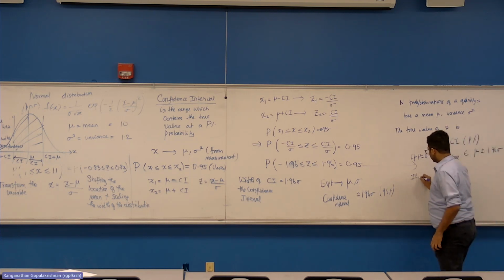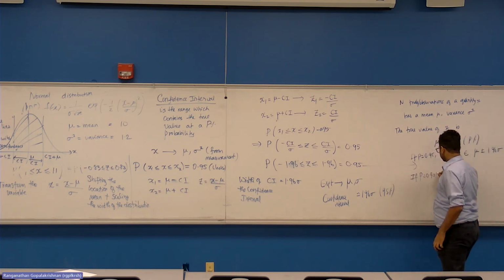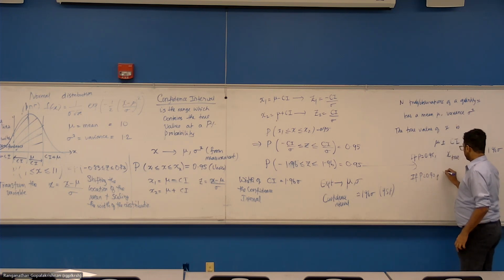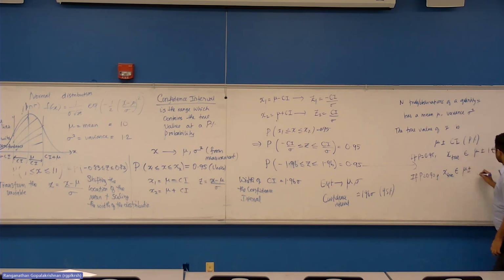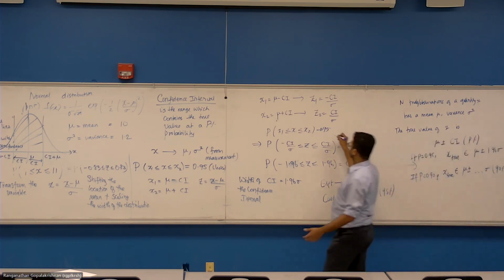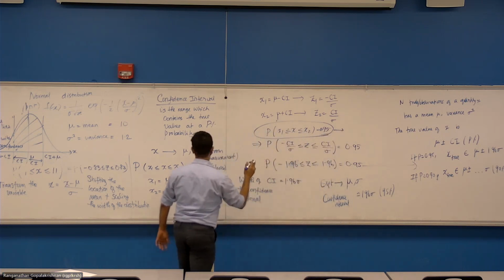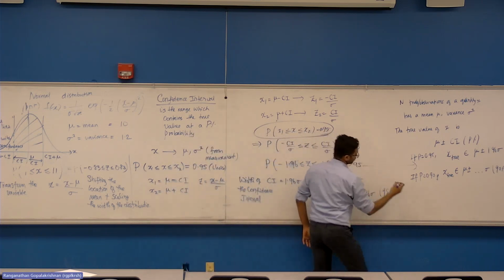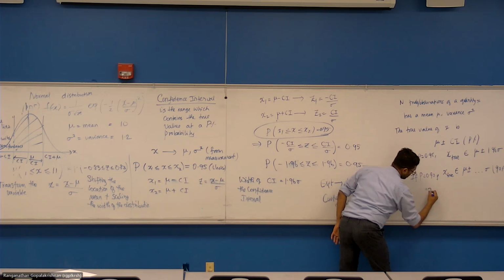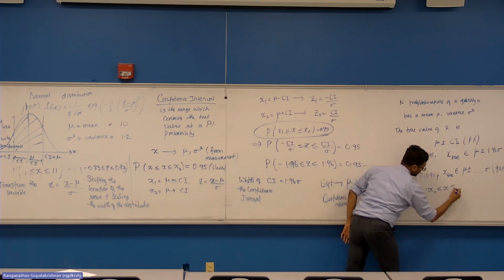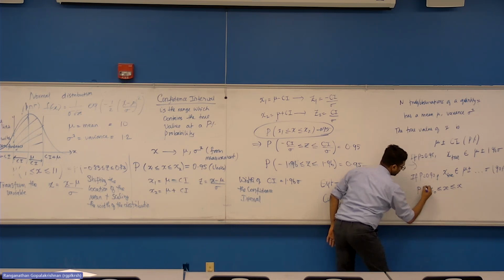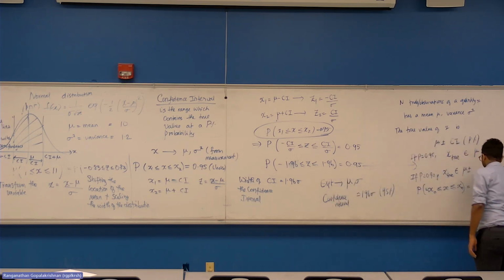Can you go back and do it if p equals 90%, 0.90? What is the range of true values of X? Mu plus minus something times sigma with 90% chance. You have to solve for negative x naught less than or equal to x less than or equal to x naught equals 0.90.